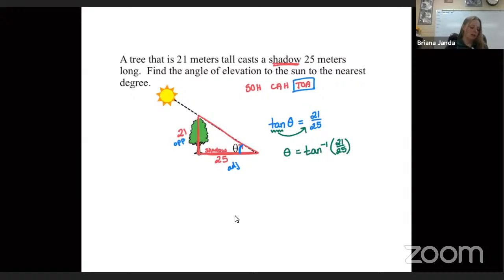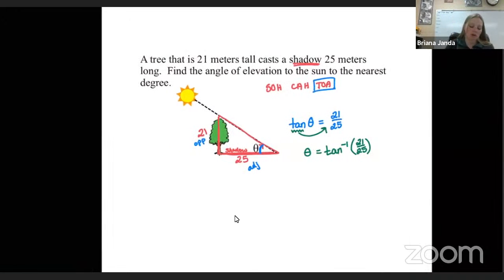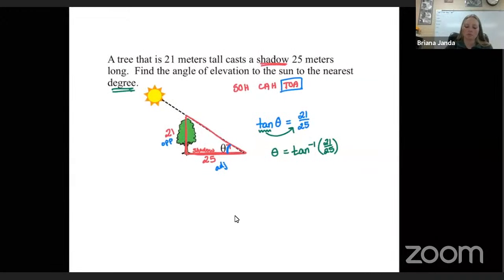So I hit my second key, tangent 21 divided by 25. And I get 40.03025, etc. But they did ask me to round this to my nearest degree, which indicates my nearest whole number. And so I would say that theta is 40 degrees.